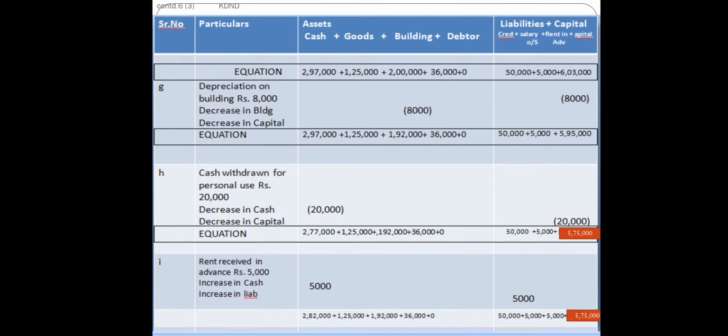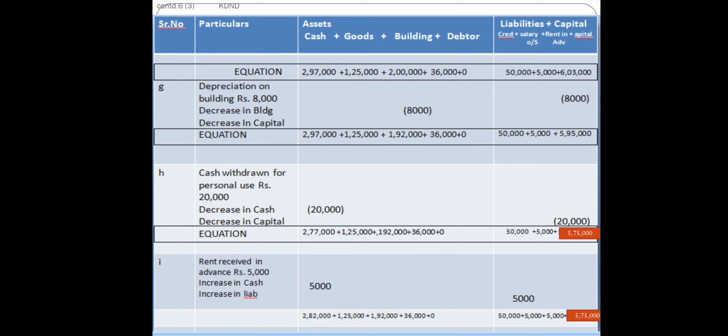So this is carried forward again over here, and now comes depreciation of building. Now what do you understand by depreciation? Depreciation means decrease in value of an asset because of the usage or the life of the machinery, or whatever asset it may be.